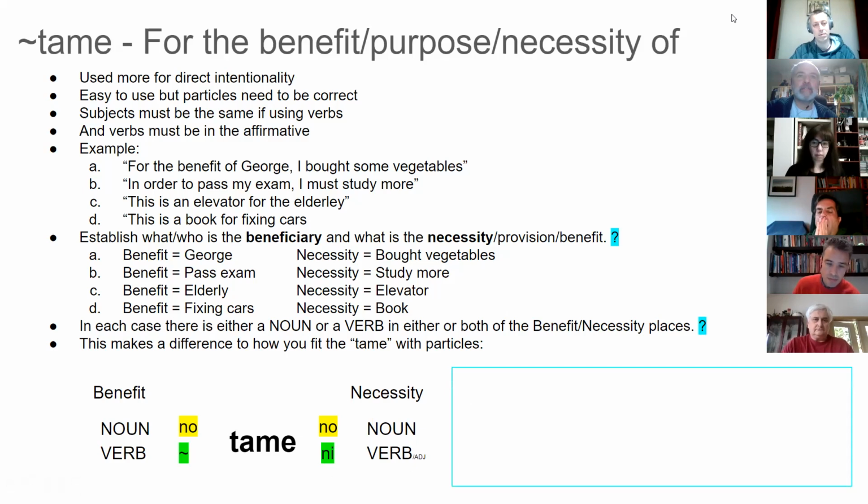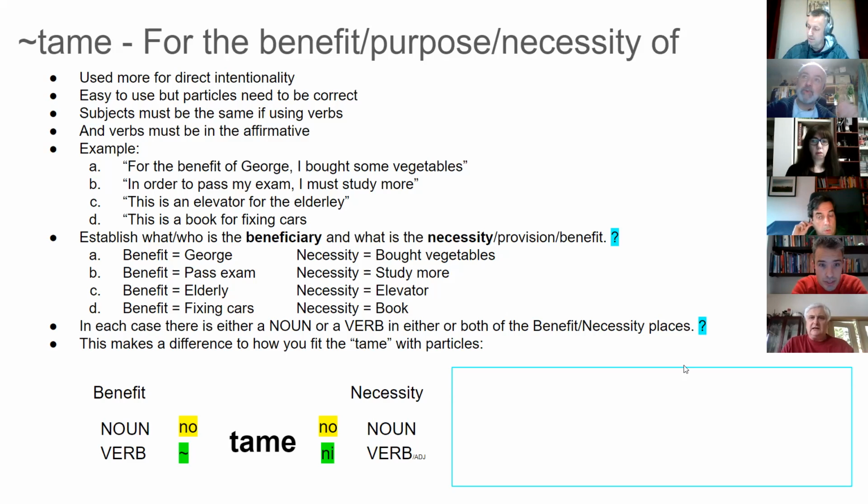So with that, let's now try and construct these sentences. For the benefit of George, I bought some vegetables. Kim, you're next. George no tame ni yasai kaimashita.